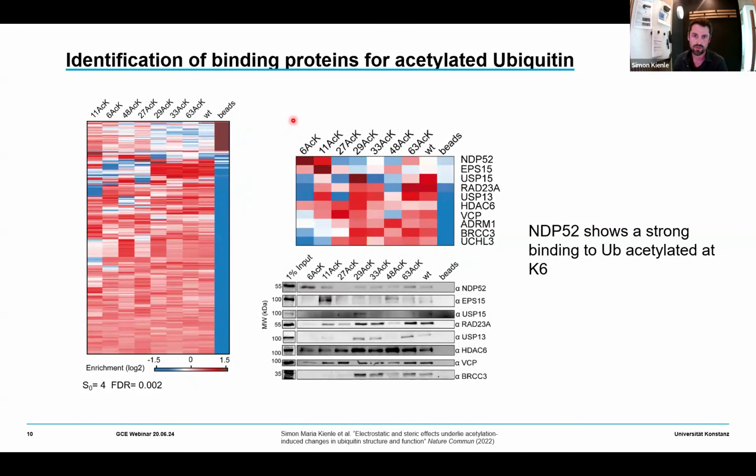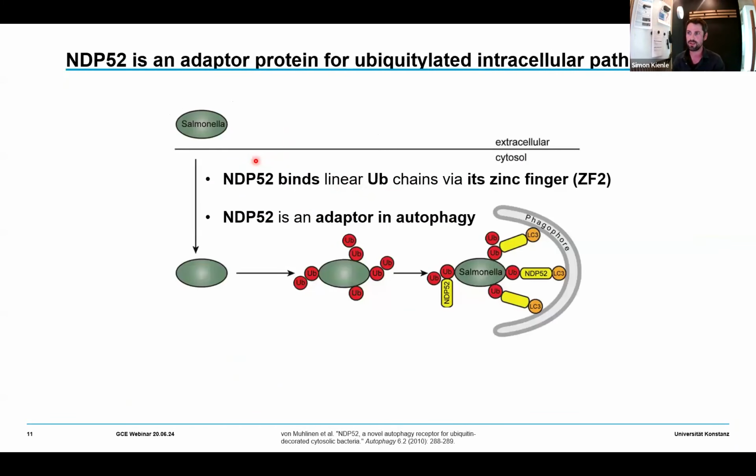Just here, for example, NEP52 showed a strong binding to ubiquitin acetylated at position 6 in our Western blot confirmation, as well as in our mass spectrometry-based experiments. And NEP52 brought our attention very much, because it really shows a strong binding to ubiquitin acetylated at position 6. NEP52 is a super interesting protein because it functions as an adapter protein for ubiquitinated intracellular pathogens like Salmonella.